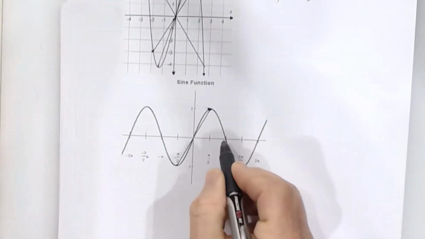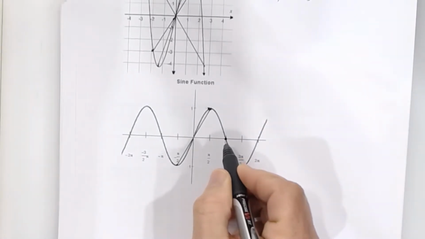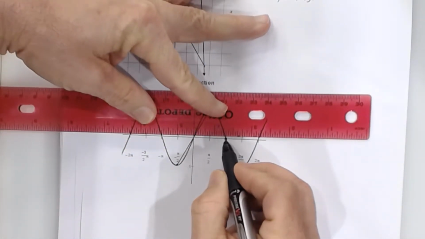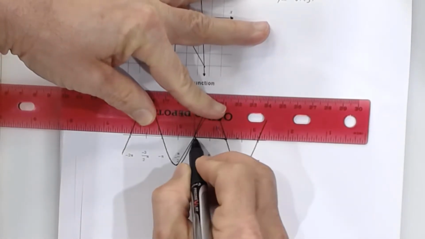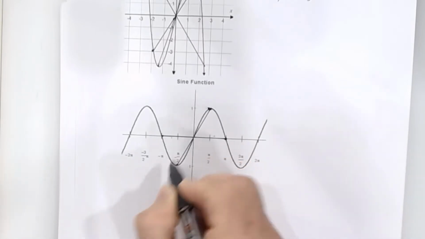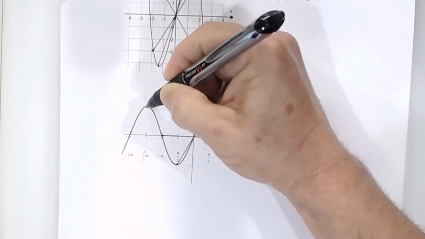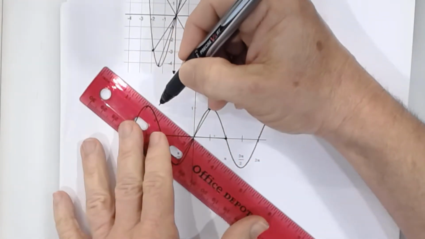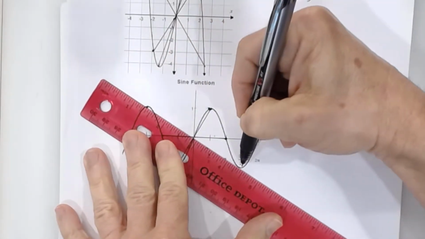If I take this point right here, that's on the x-axis, and I reflect it about the origin, look what happens. Make sure you understand this. I get this other x-intercept, right? That is the same as that distance. If I take this point here, reflected about the origin, I should get this point, right?